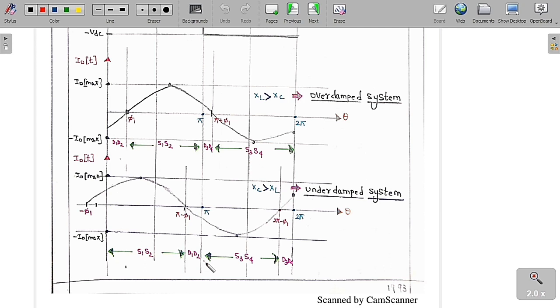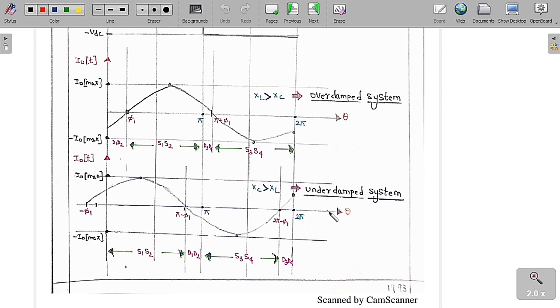So because of this, we can say that you don't need any forced commutation to turn off the thyristors in the underdamped system. We need forced commutation only in order to turn off the thyristors in the overdamped case.